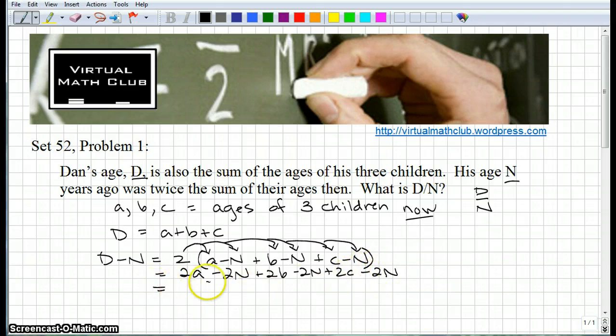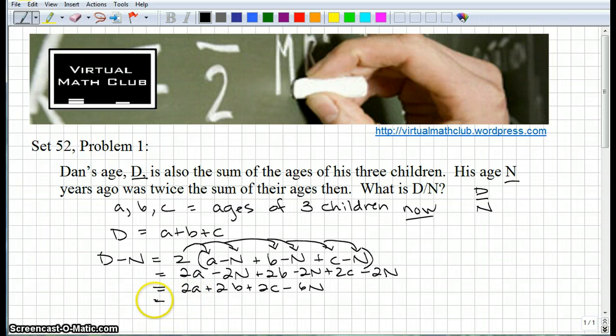And if we combine like terms, I see a negative 2n, negative 2n, negative 2n, so we have negative 6n. So we have 2a plus 2b plus 2c minus 6n, and that's equal to, again, d minus n.